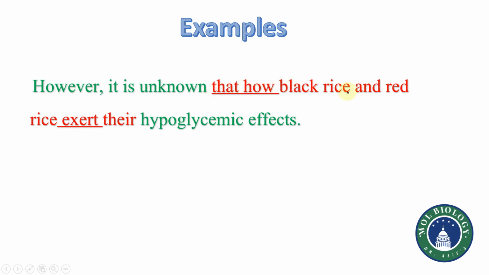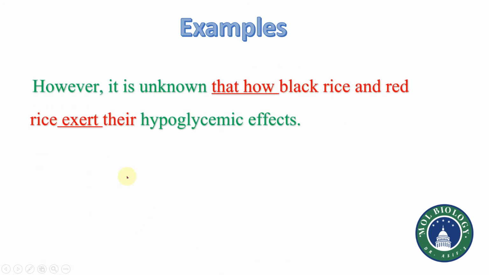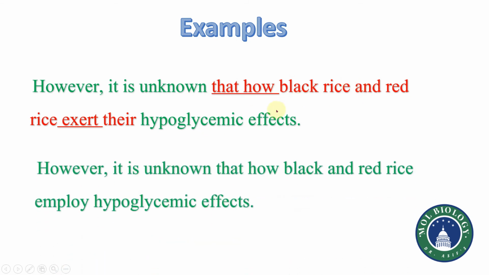So we use "that": how black rice and red rice exert their hypoglycemic effect. We have just changed this whole part, "the mechanism by which", and made it concise. However, it is unknown that how black rice and red rice exert their. Even still there are many mistakes, so next we can remove more.